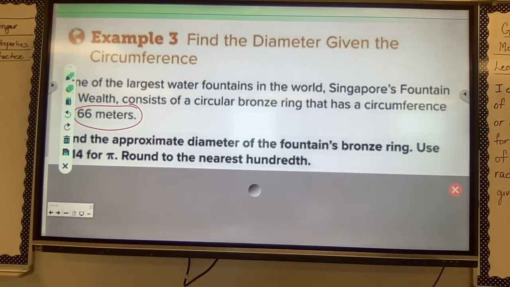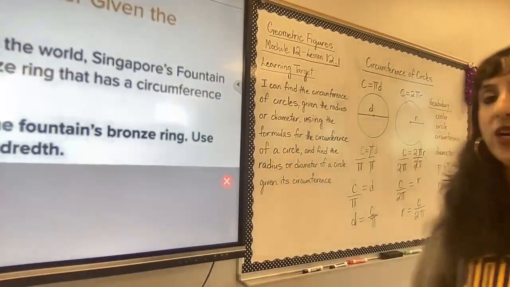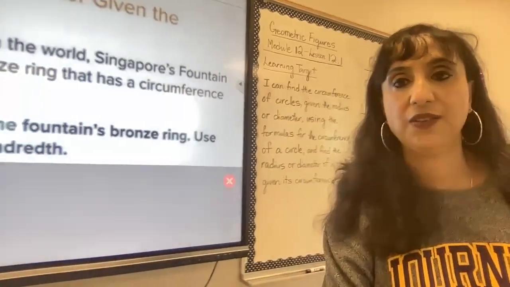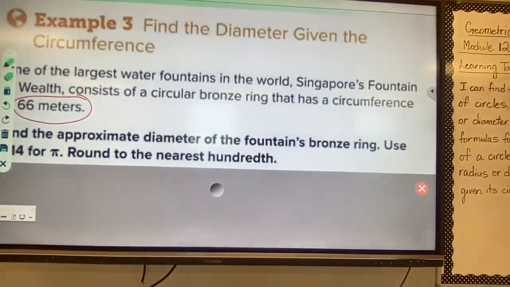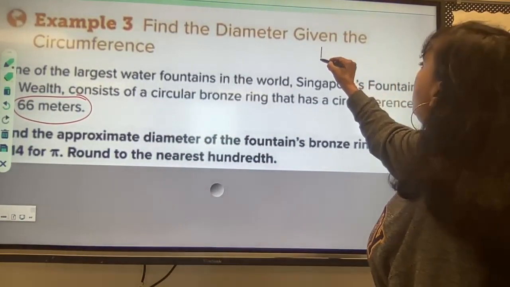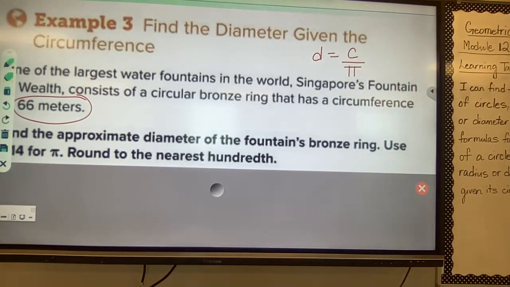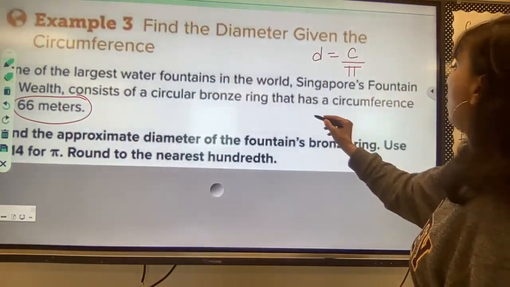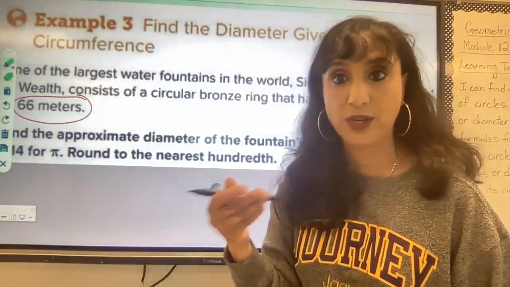So based on what I just showed you, what is diameter equal to? Circumference over pi. And I just showed you how to do that. So we are going to use that same formula. D is equal to circumference over pi. Then we substitute the values, because the circumference is 66. Now I'm going to change it to an approximation, because I'm about to change the value of pi to an approximation.